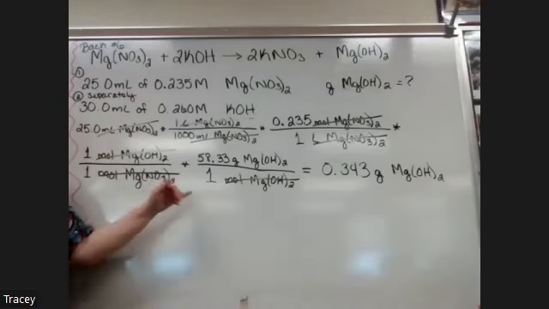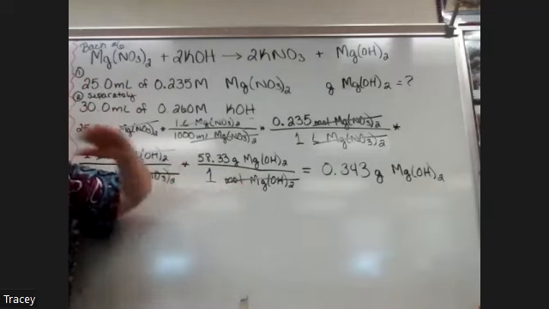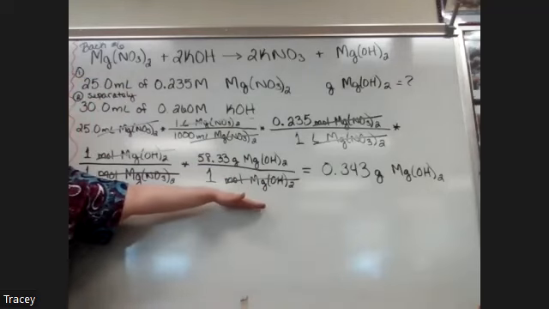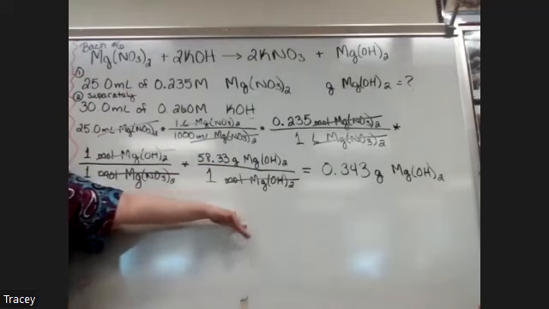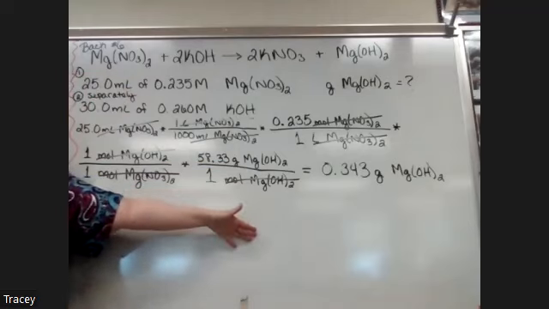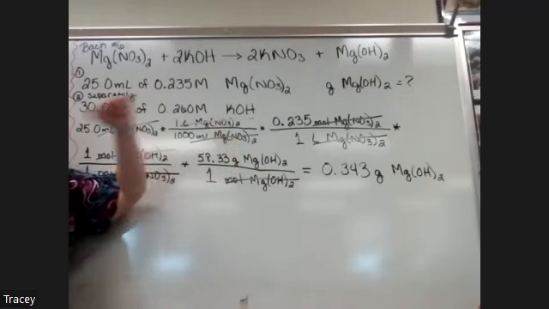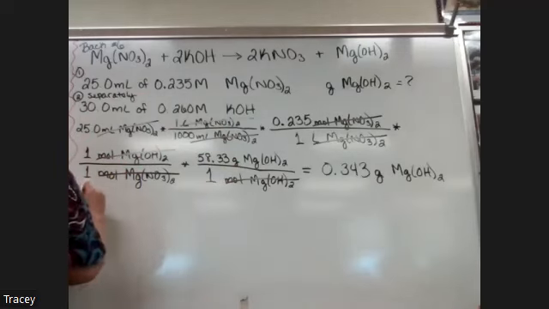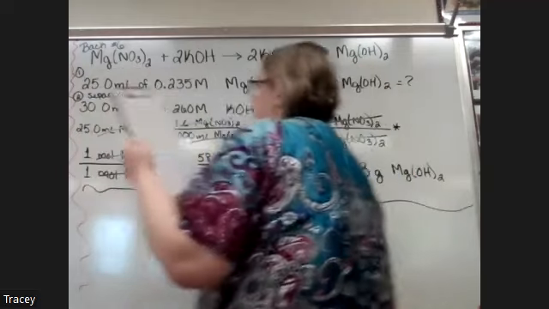Now, a couple of things with limiting reactant. This last step is always the same, right? Because we have to compare apples to apples. If we go to something else, we don't know how much product is formed. We have to keep that last step the same. So then, separately, make a squiggle.